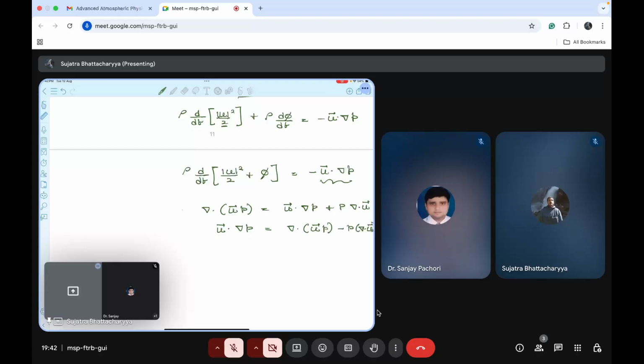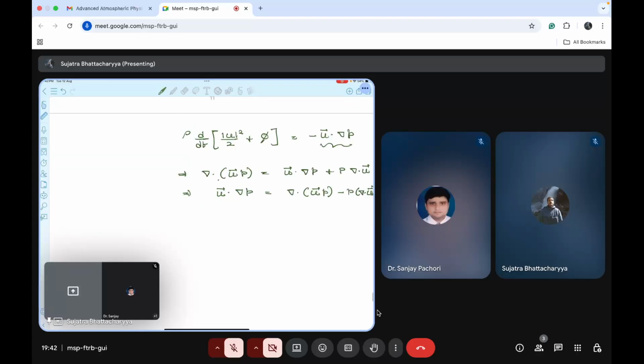This we can write from this equation to this. Now, according to the conservation of mass, minus del dot u is 1 by rho d rho dt, correct?